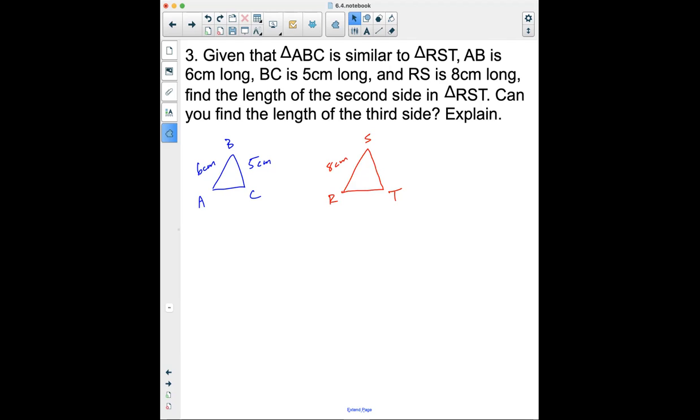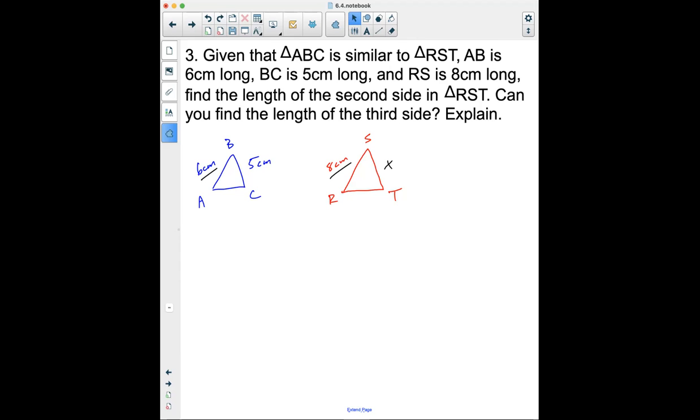Can you find the length of the third side? So we have a pair of corresponding sides, so we can find the scale factor, and we know that they're similar. So can we find the length of this third side? Well, let's find this missing side first, and then we'll address that second problem.